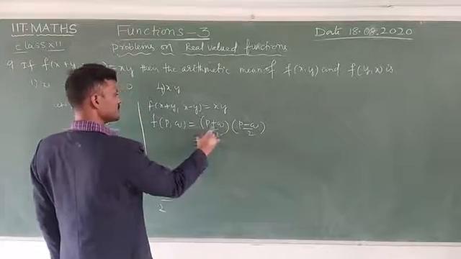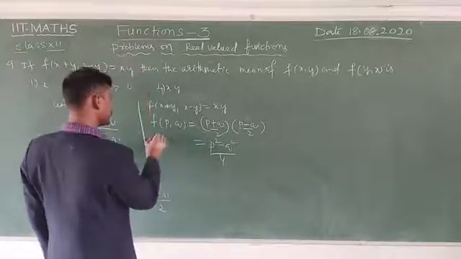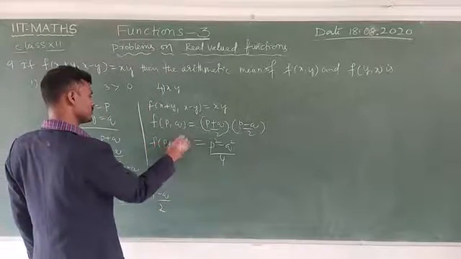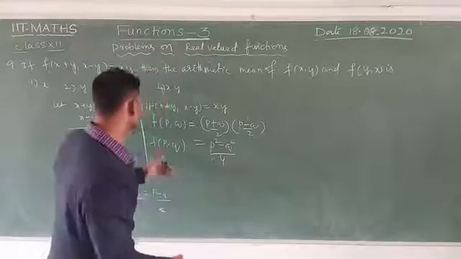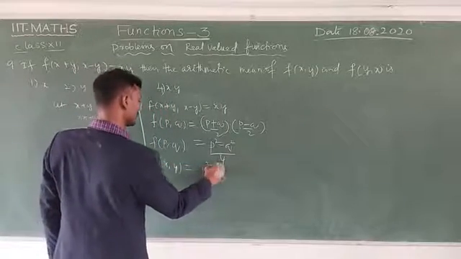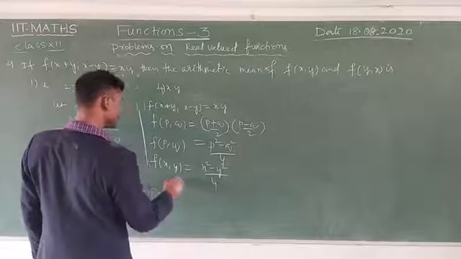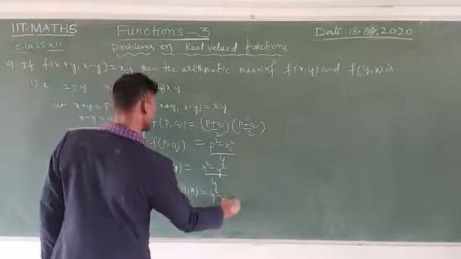Now this is (a plus b) into (a minus b), which is a square minus b square, by 4. Now this is f of (p, q). In terms of p and q, it is p square minus q square by 4. In terms of x and y, it is x square minus y square by 4. In terms of y and x, it is y square minus x square by 4.